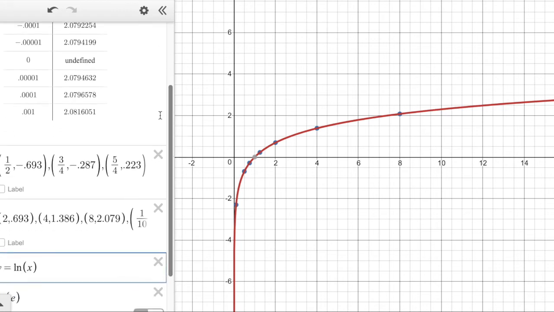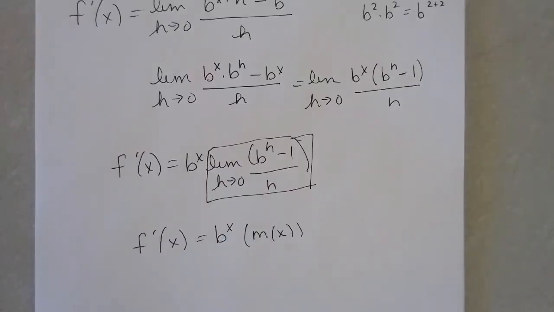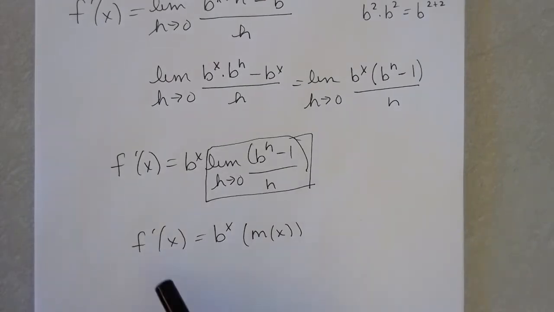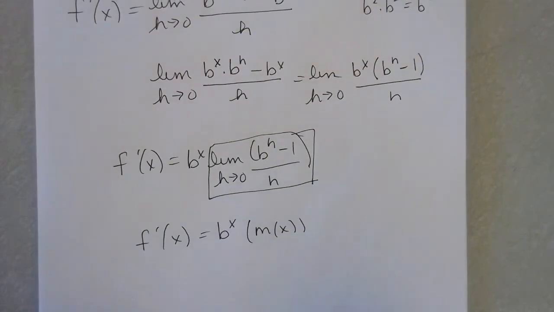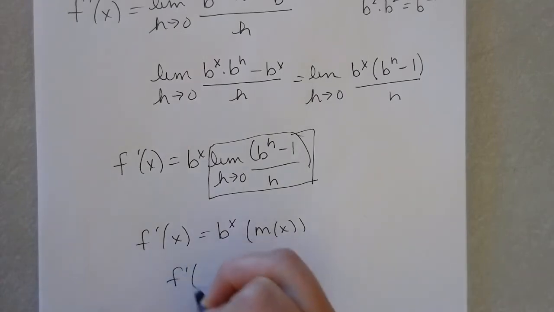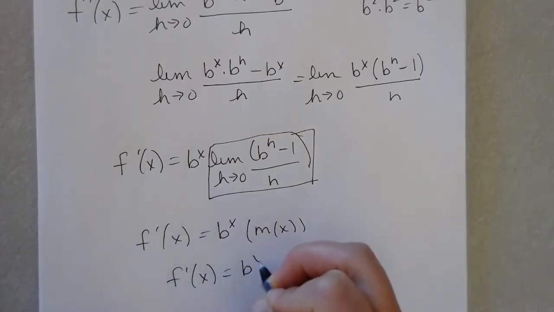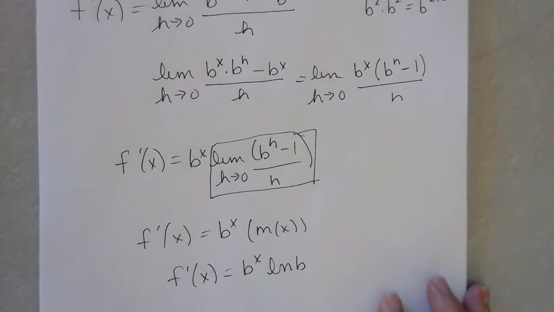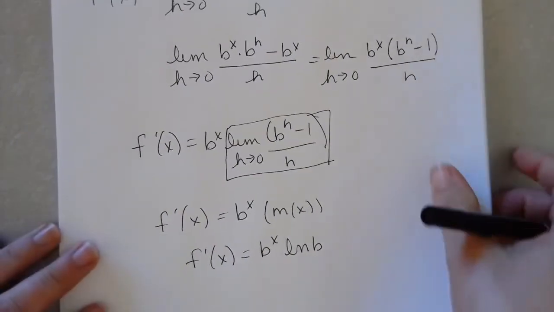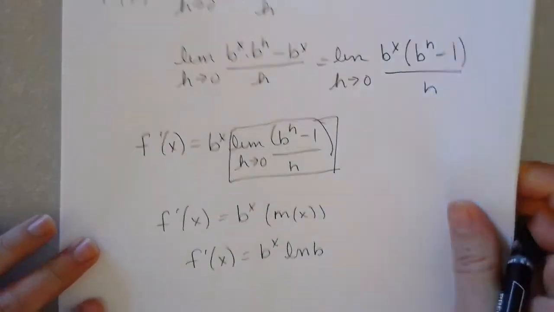Okay, so let's return back to some problems. We were doing f prime of x equals b to the x times m of x, and we found from the tables that f prime of x is actually b to the x times the natural log of the base. Now the really great thing is that we mostly use e.